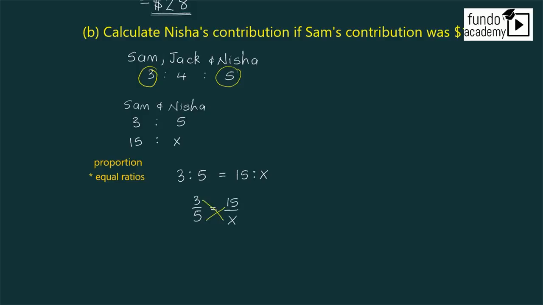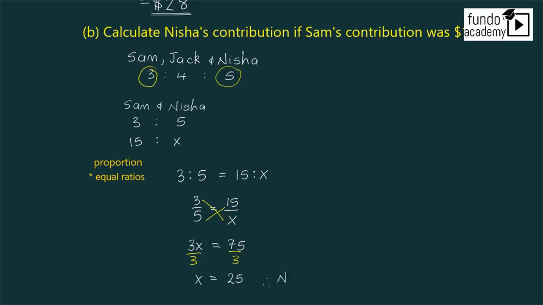And we can cross multiply, so 3 times x we get 3x, and 5 times 15 we get 75. If we divide both sides by 3, then we get the value of x being equal to 25. That is, if we divide 3 into 75.